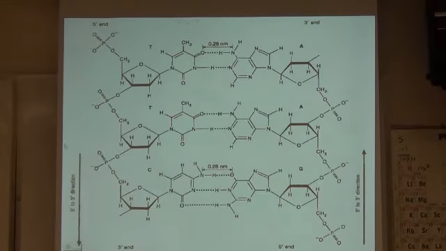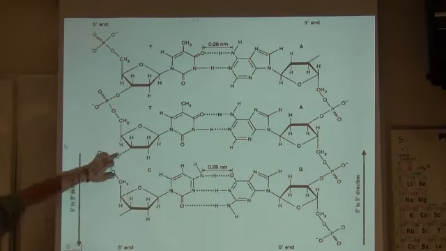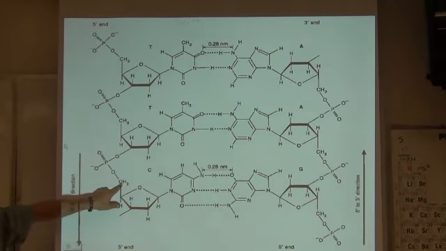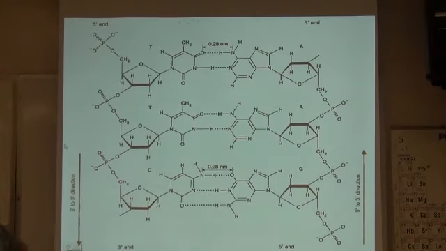Here's an actual segment, okay? We have the 5' end here. We have the phosphate sugar, phospho sugar, phospho sugar. The phosphodiester linkages are linking 3' OH to 5' carbons.